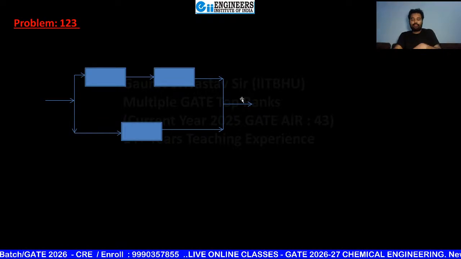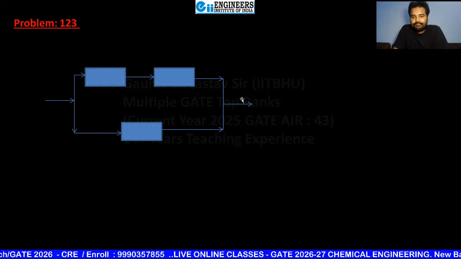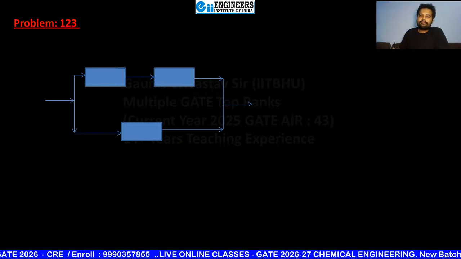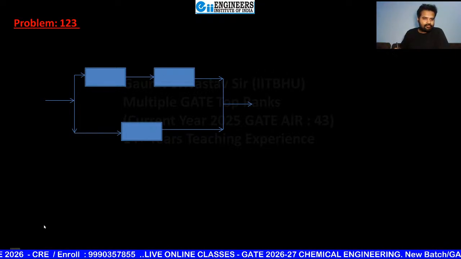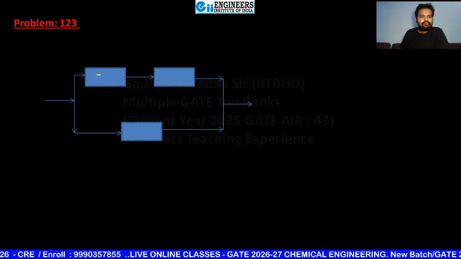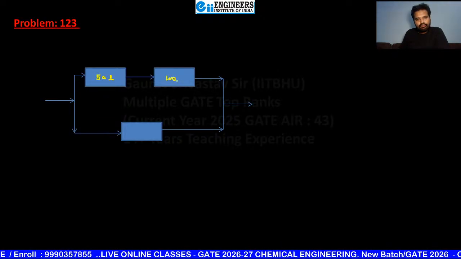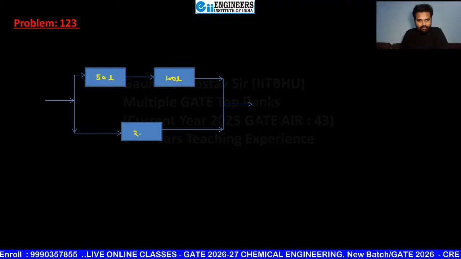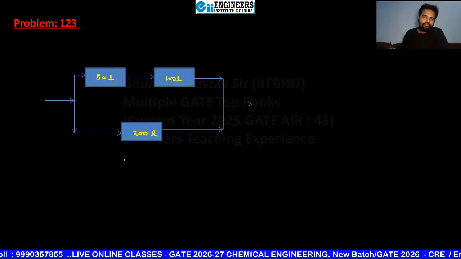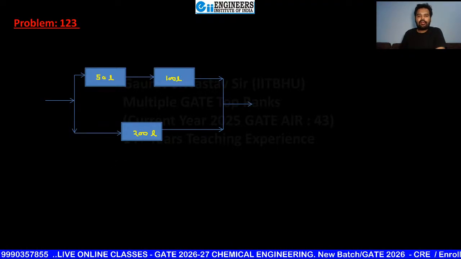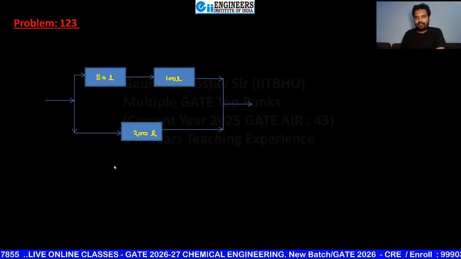Now solve this beautiful numerical. $50, $100, and the third one $200. Okay.